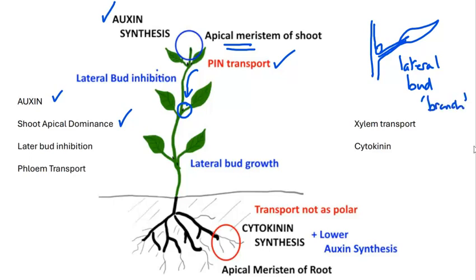Auxin, transporting downward from PIN to AUX to PIN, moving down, inhibits the development of lateral buds. The transportation of it is also involved in the development of phloem transport.